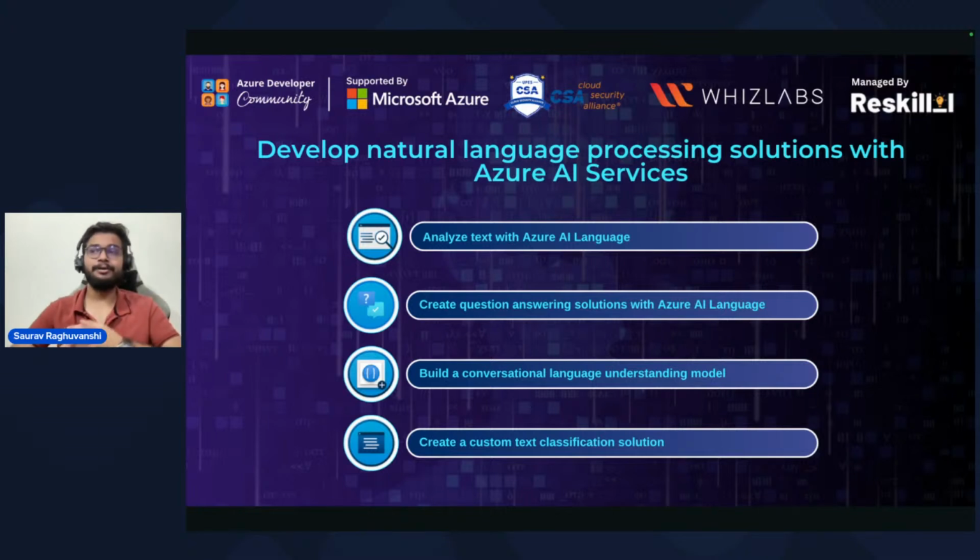But there are some real core problems in our country. One is that because we speak multiple languages, it's very hard to go to a new place and learn that language or to know all these languages. That's what Bhashini does. It helps you convert one language into another Indian local language itself.